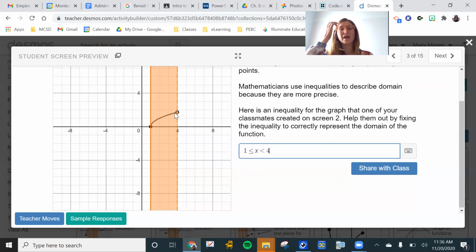What that means is I do not want to include 4. So I write that like this. I say 1 is less than or equal to x, and x is less than 4. So x is greater than or equal to 1, so it could be 1 or anything greater, and it's less than 4, which means don't include 4.